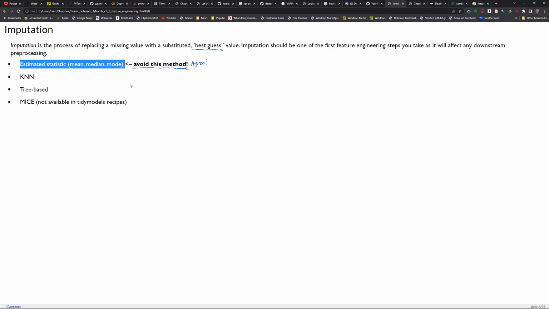The reason is that you are distorting the distribution and the variance of that variable when you use mean, median, and mode. So the best method, at least according to the book, is a more refined approach using K nearest neighbors, tree-based, or even MICE. The problem is that MICE is not available in tidymodels recipes. It's just KNN and tree-based if you don't want to impute using a known statistic.